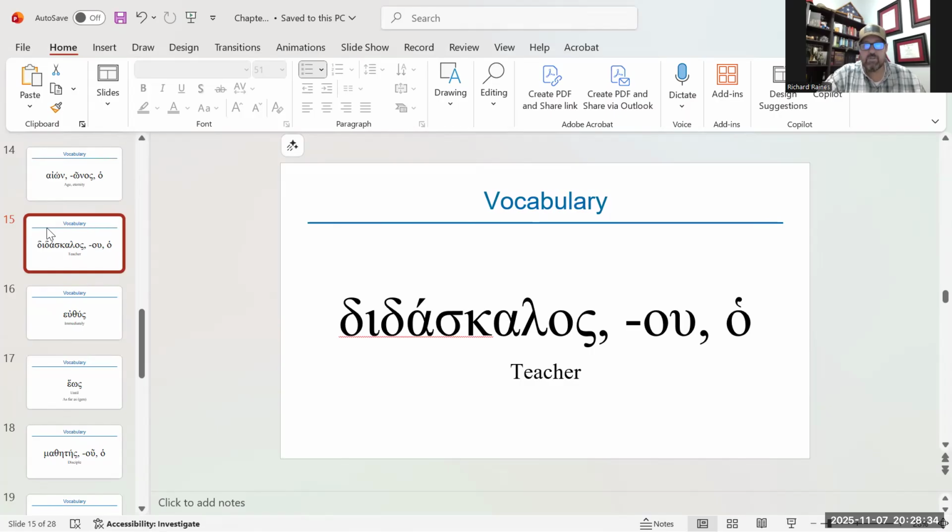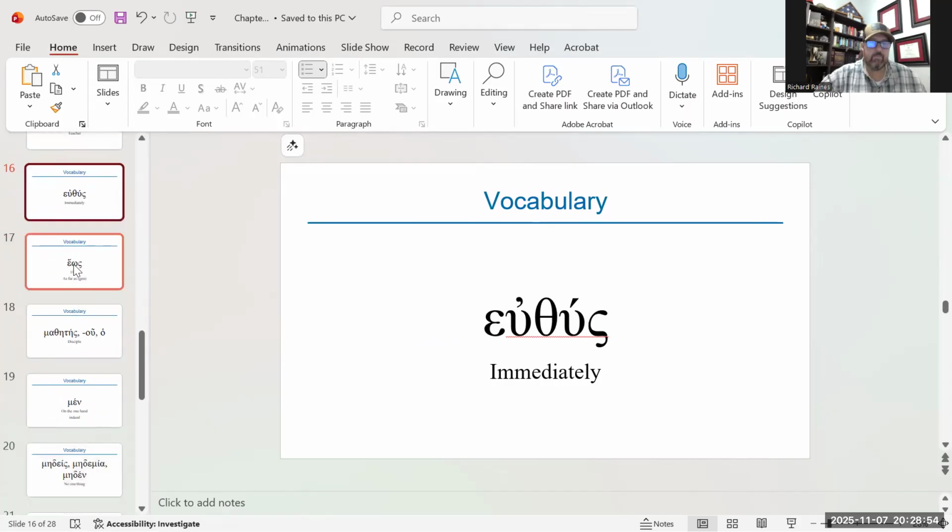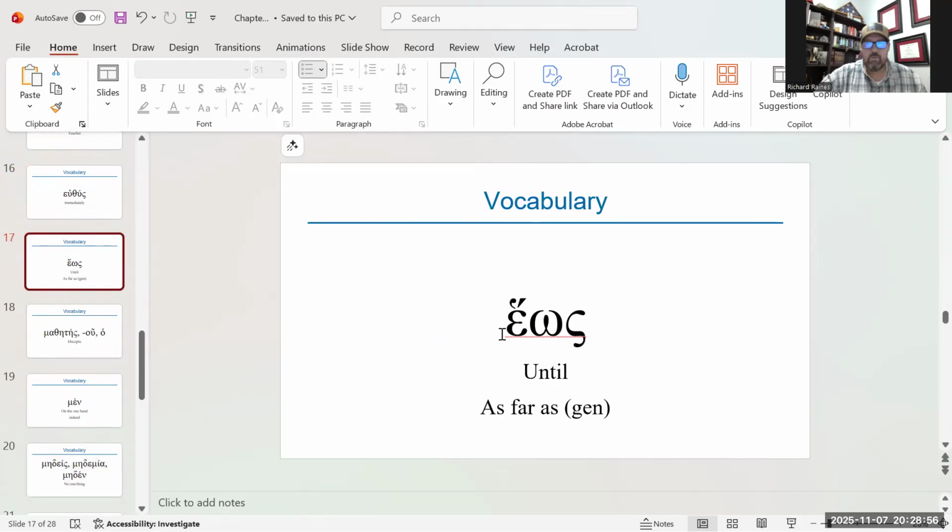Didáskalos means teacher. If you've ever done any teaching and you've heard the term didactic to refer to teaching, that's where we get the word didactic from, didáskalos, which means teacher. It's a masculine noun. Euthús means immediately. Notice that rough breathing mark there.